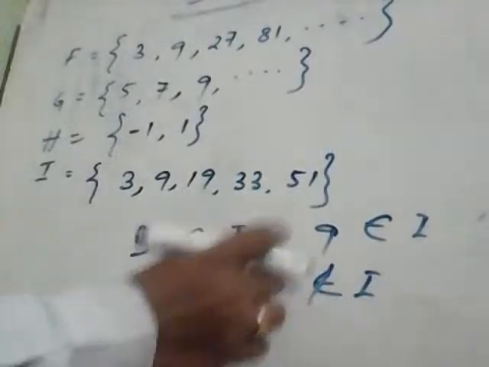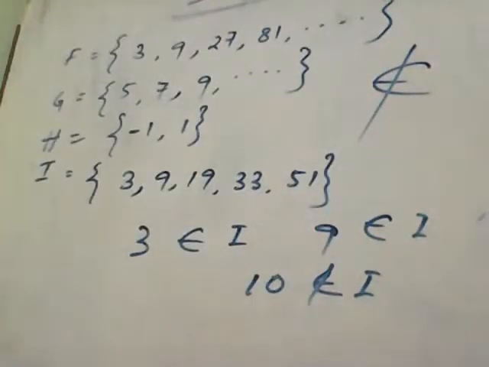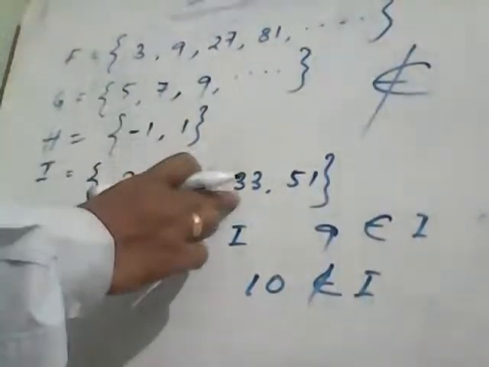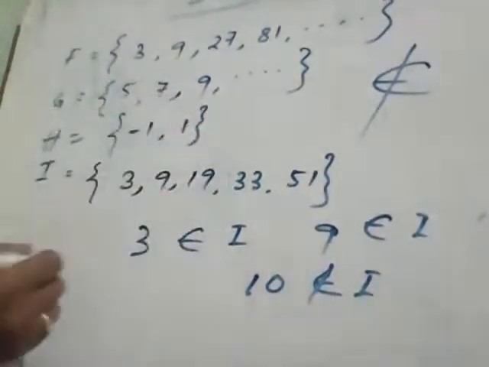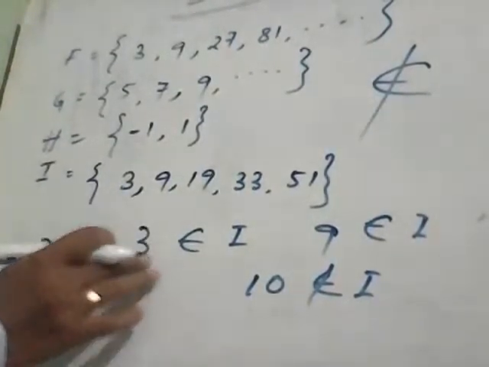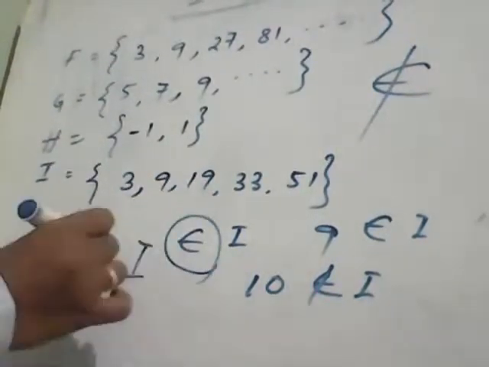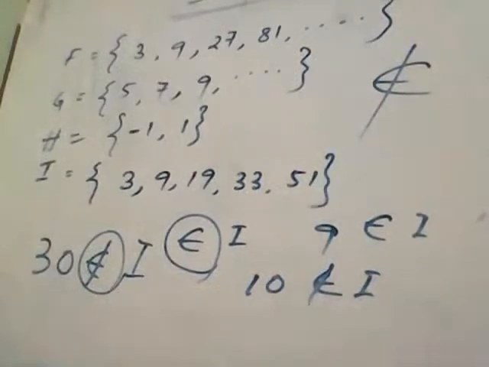This is the symbol for does not belong to. This is your belongs to. This is your does not belong to. 33 belongs to I. If I write 30, 30 does not belong to I. So belongs to and does not belong to mean is an element and is not an element.